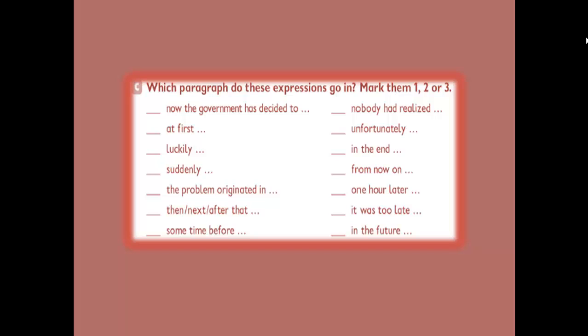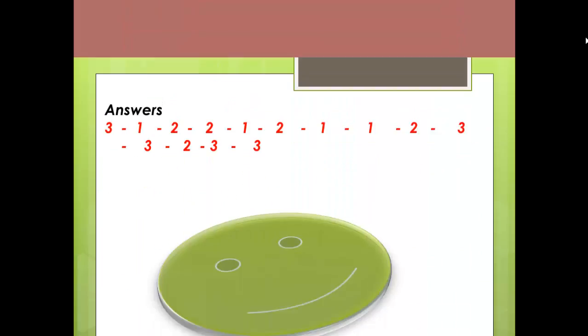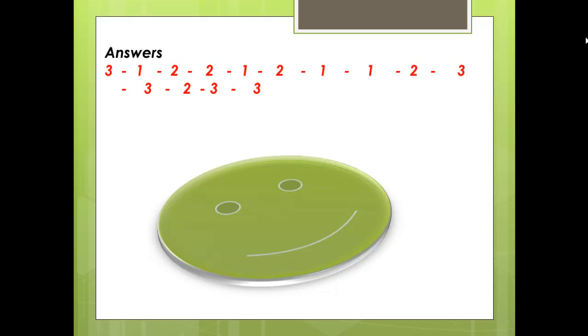And in the future, number 3 also, because we're talking about what will happen now. We can see the numbers. Number 1, number 3, sorry. Then 1, 2, 2, 1, 2, 1, 1, 2, 3, 3, 2, and finally 3 and 3.